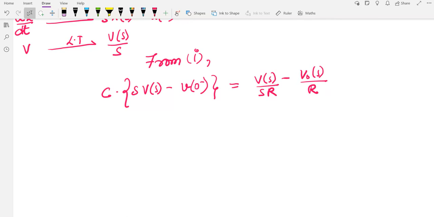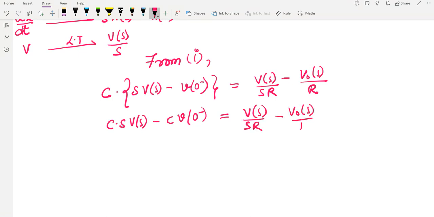If we solve this, we get C into s V of s minus C into V of 0 minus is equal to V of s upon s into R minus V0 into s upon R.